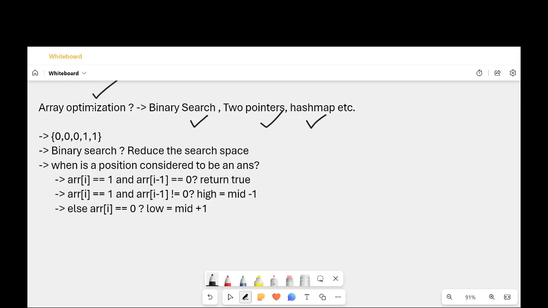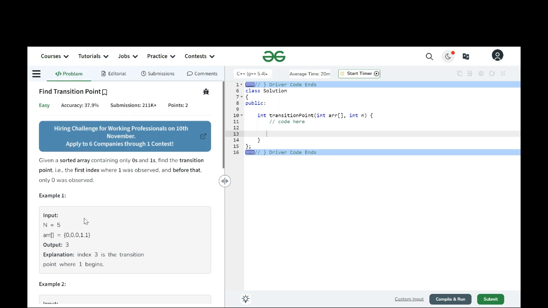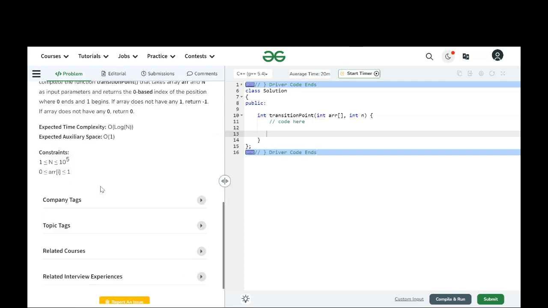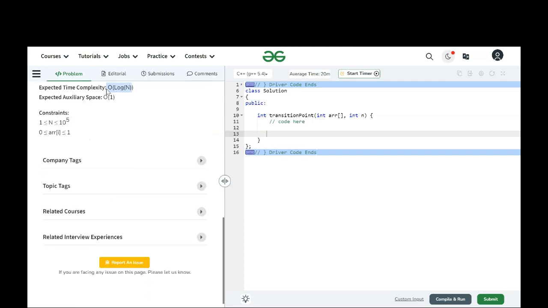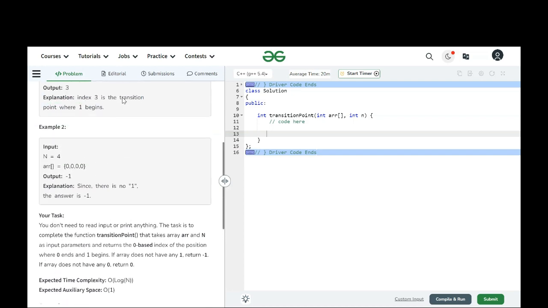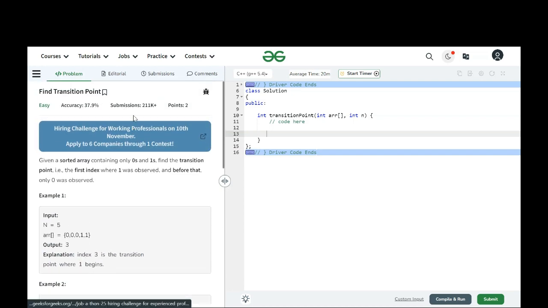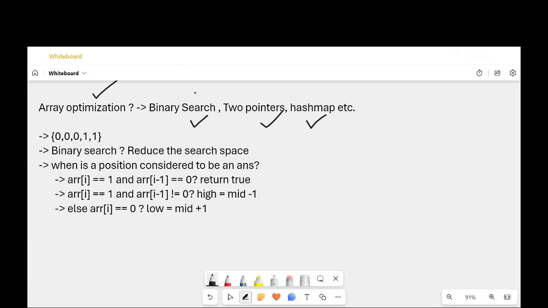So for example, this question is related to searching of an element, and we need to optimize it. If you know binary search algorithm, you might know its time complexity as log n, and it is also given as the expected time complexity. So we have a lot of hints to which algorithm we have to use, and you're right, we have to use the binary search algorithm, right?